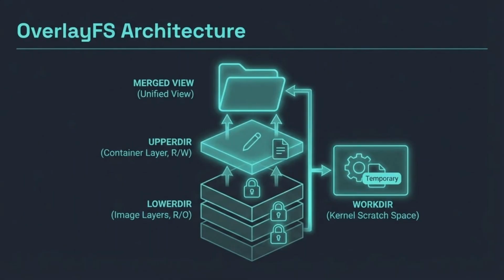This is a simple representation of how overlay FS architecture looks. The lower directory holds image layers which are read-only. The upper directory holds the container layer which is read and write. The merged view is the unified view of the file system exposed to the container. The work directory is the kernel's internal scratch space.